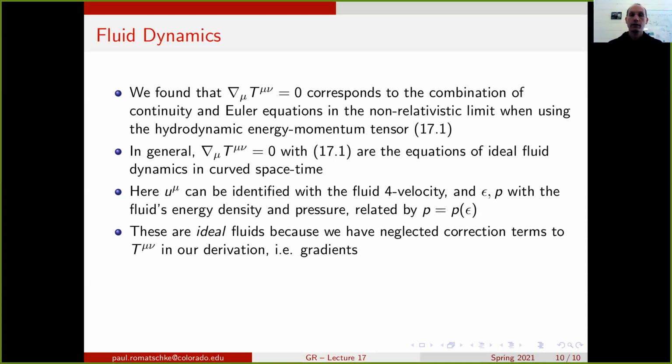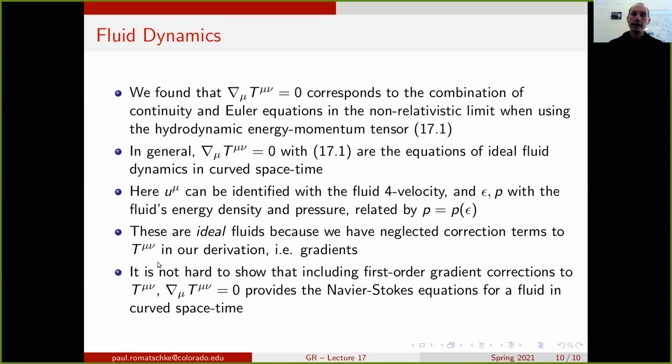We call these equations the equations of ideal fluid dynamics because we neglected so-called non-ideal terms, basically neglected gradient corrections for our expression of the energy momentum tensor. It is not very hard to include, let's say, first order gradient corrections to the energy momentum tensor T^μν.